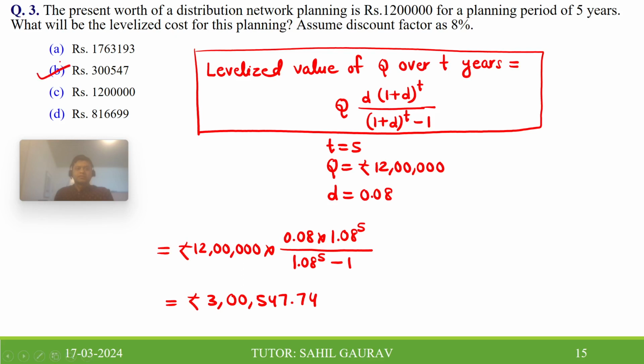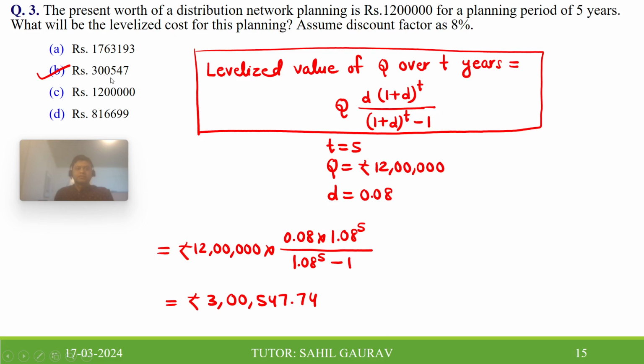Now in this question, you can clearly say that two options will never be correct, like 17 lakh and 12 lakh, because these values are greater than the present worth, and this levelized cost, that is the average annual cost, should be a much lesser value in comparison to the money.